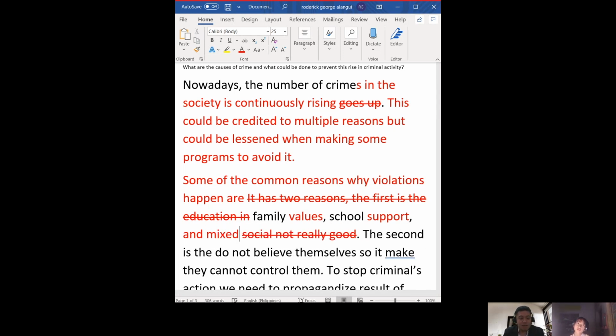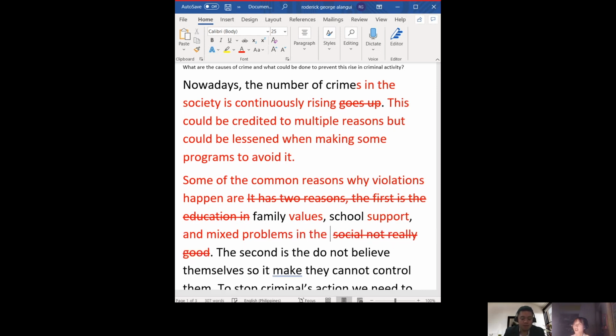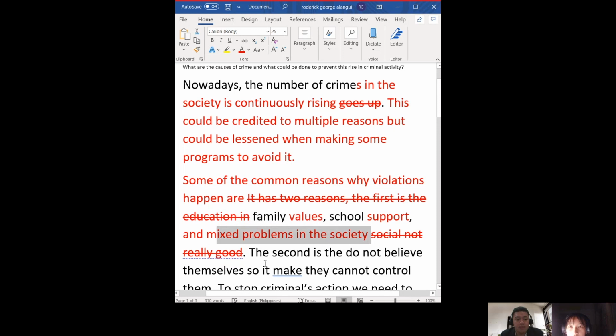It means when we go out and we meet a lot of people, we meet problems in the society. So some of the common reasons why violations happen are family values, school supports, and mixed problems in the society.